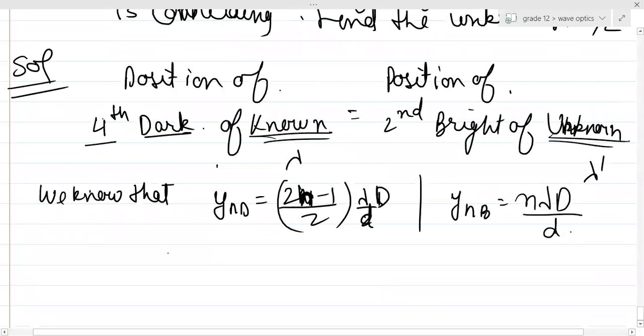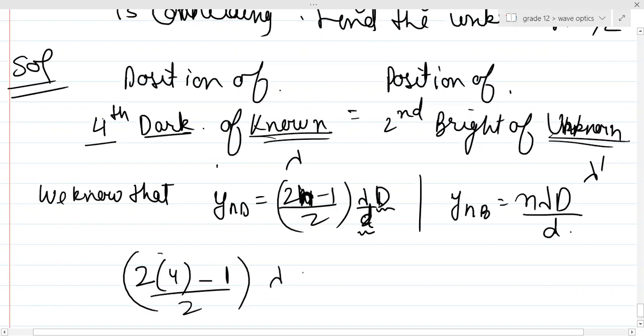The setup is the same, so D and d will be the same in both cases. So 2 times (4 minus 1) by 2 into lambda D by d is equal to 2 into lambda dash into D by d.